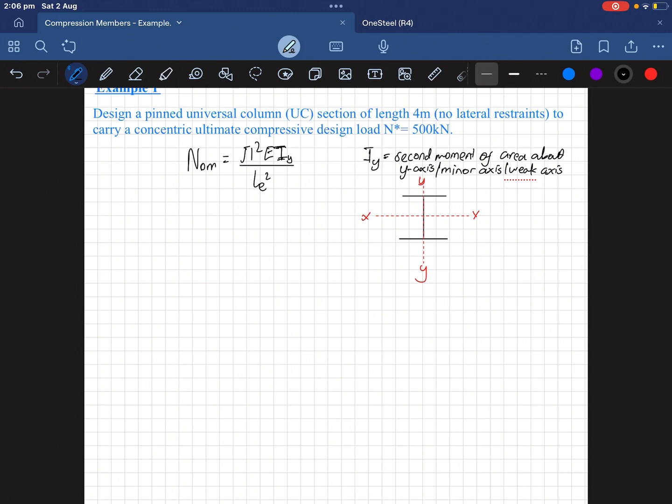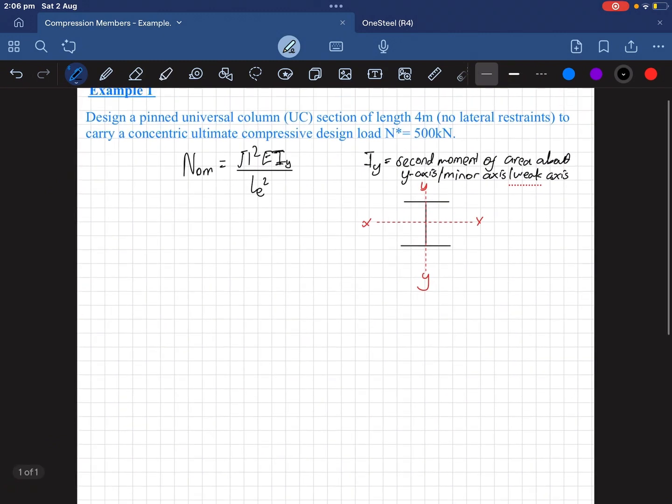Now, from this equation here, you can see that we have this as 500, we obviously know pi is 3.14, and we have E, which is a constant, 200,000 MPa, and then we also have the effective length here, and we just have to solve for Iy.